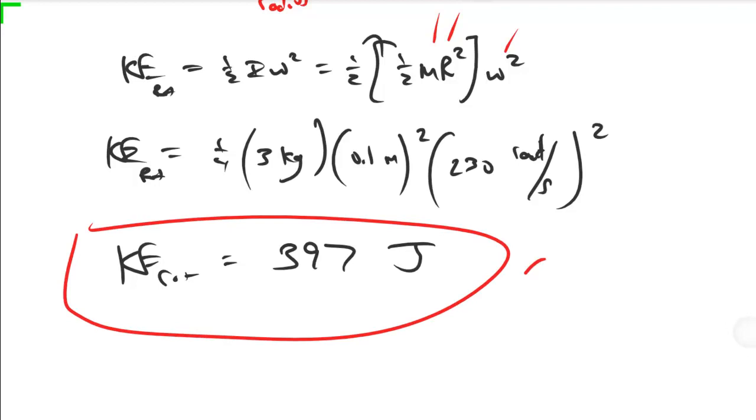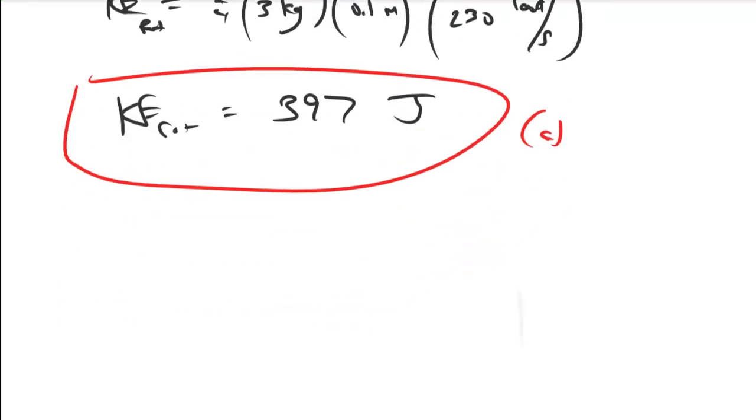And there we have part A. Okay, so just like linear kinetic energy, but we have to do two things. We have to make sure that omega is in radians per second, and we have to find our rotational inertia as opposed to just the mass.